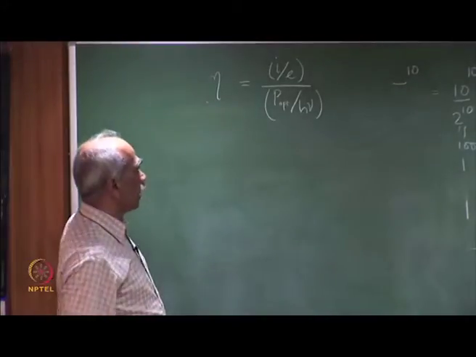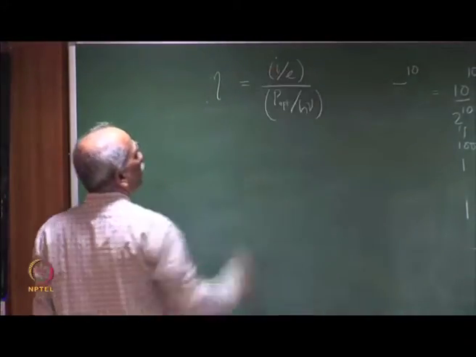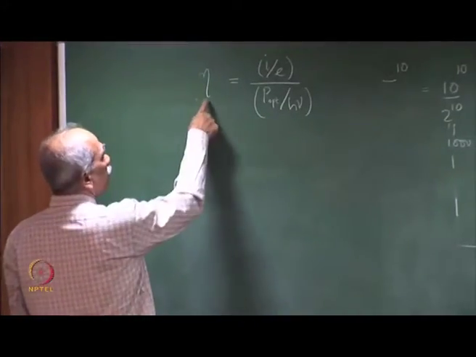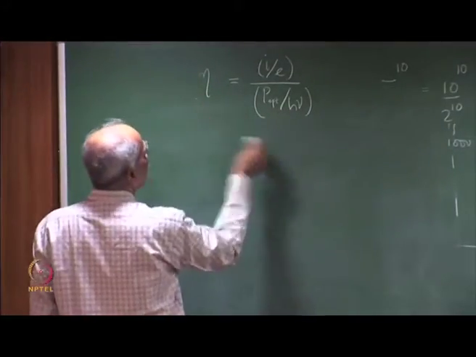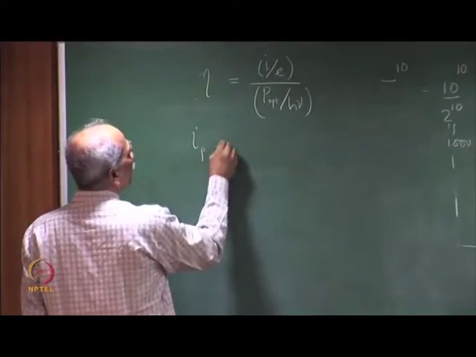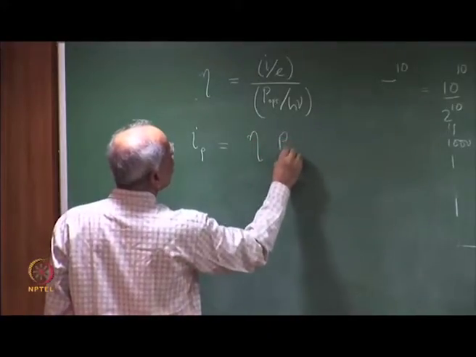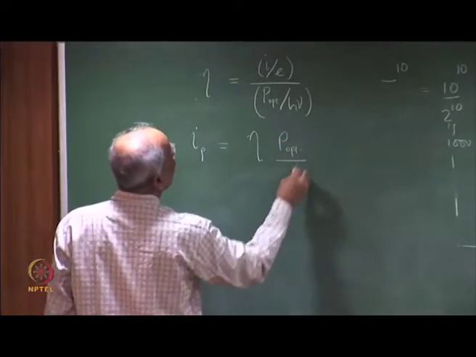Therefore, this is the primary photocurrent generated with this eta. So the primary photocurrent I is equal to eta into P op divided by h nu, into e.